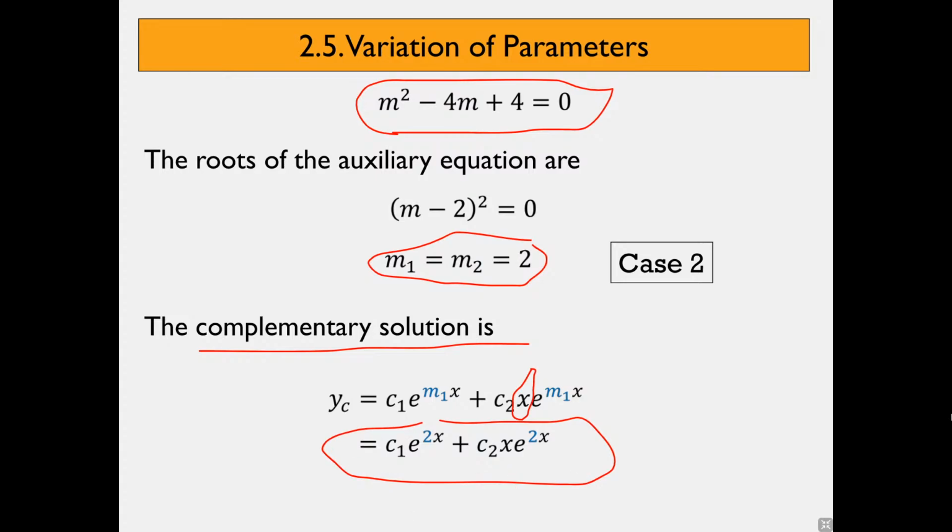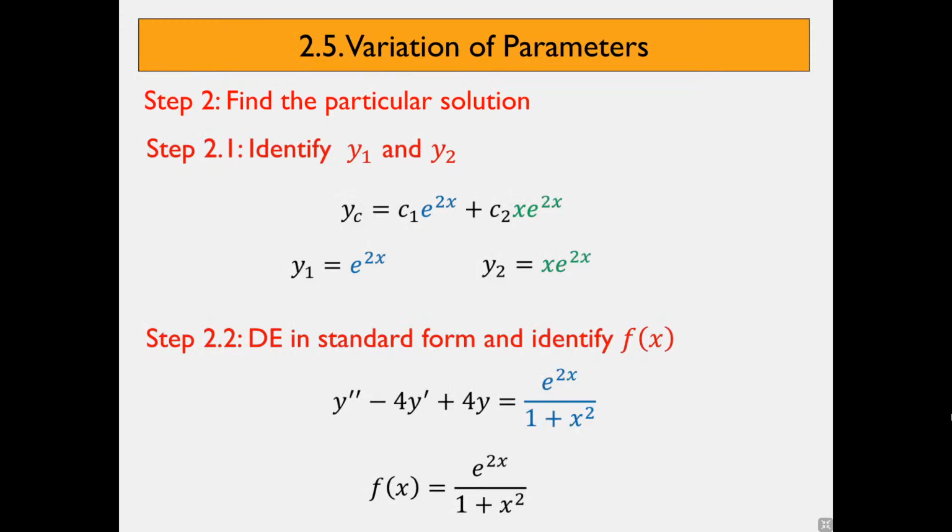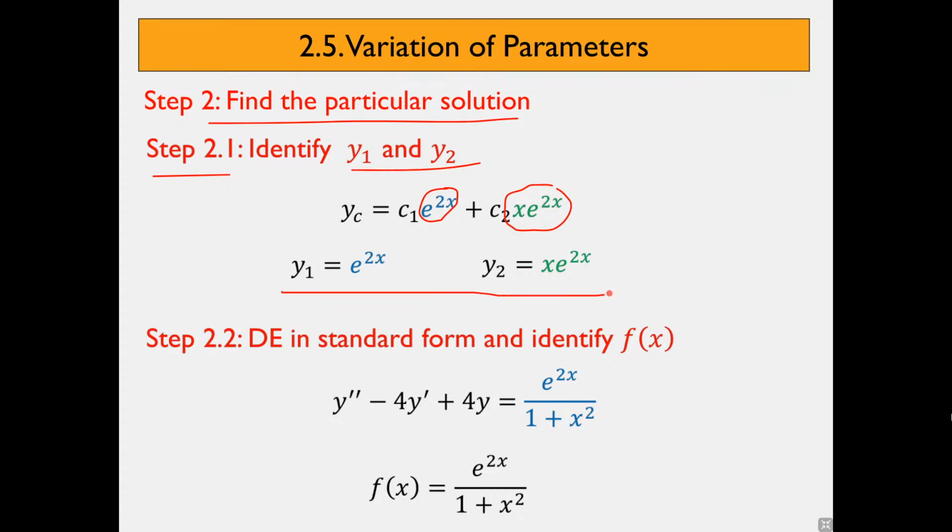From here, you create your y1 and y2. This is step 2, sub-step 2.1. You identify y1, that is e^(2x), and y2, x e^(2x). So you have y1 and y2, you already found.